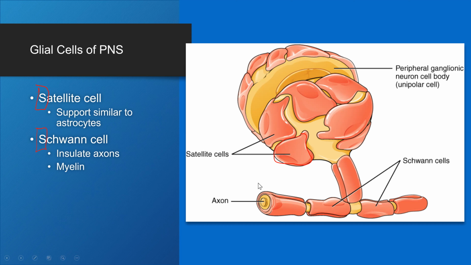And Schwann cells have a similar job to oligodendrocytes because they secrete myelin for axon insulation. Here I show you a Schwann cell. So that's one Schwann cell. This is another Schwann cell.